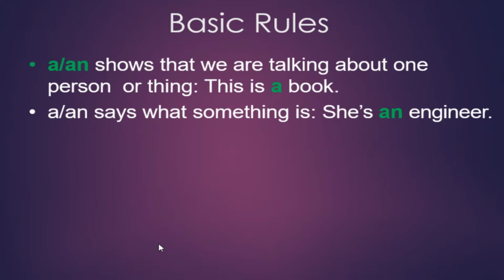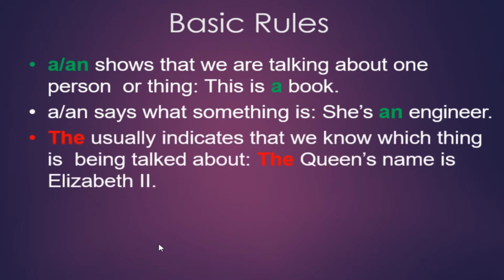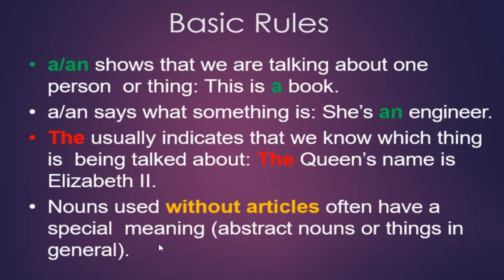The next one, the usually indicates that we know which thing is being talked about, like the queen's name is Elizabeth II. And nouns used without articles often have a special meaning, like abstract nouns or things in general. So these are some basic rules.